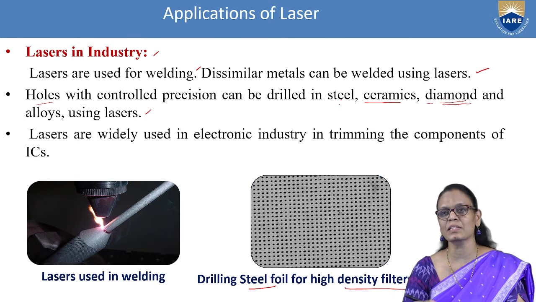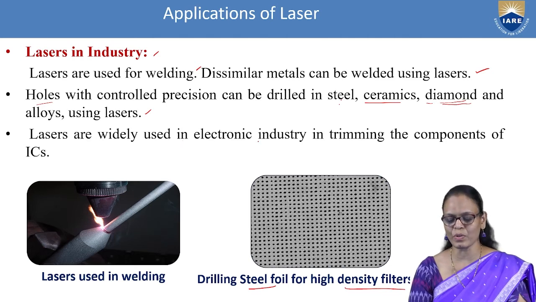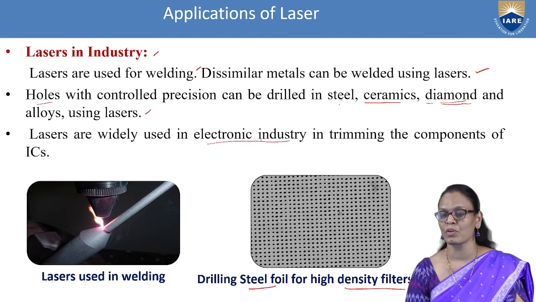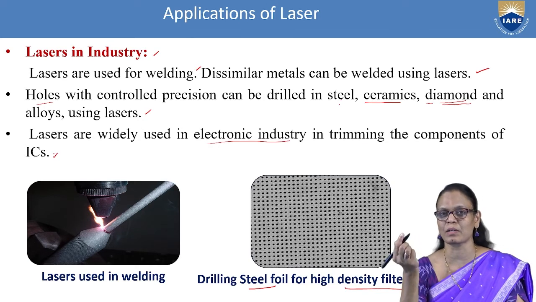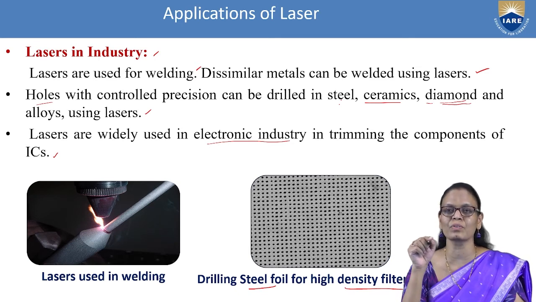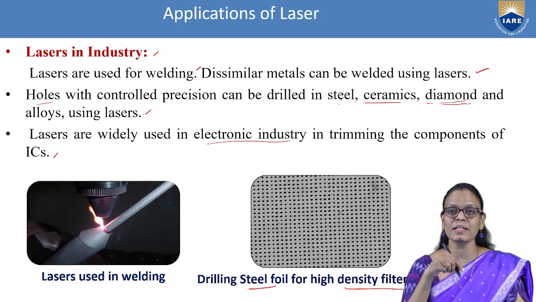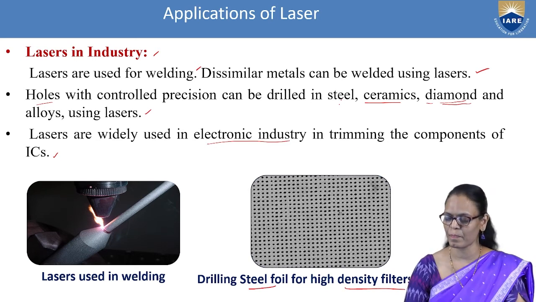So they will be using the laser to make holes in diamond. And then laser is widely used in the electronic industry for trimming the components of ICs, integrated chips. Whenever they have to use these components, they have to be trimmed before they are inserted into the circuit. So laser is used in the electronic industry in trimming the components.